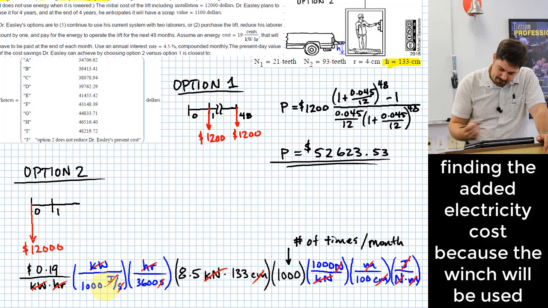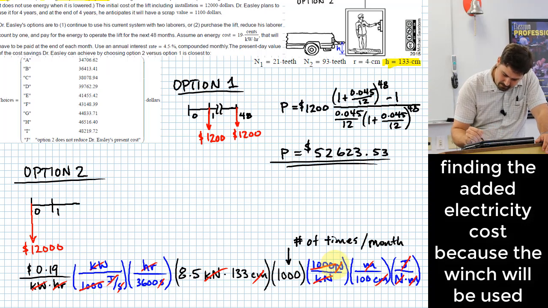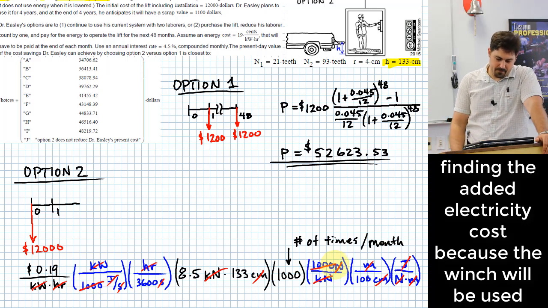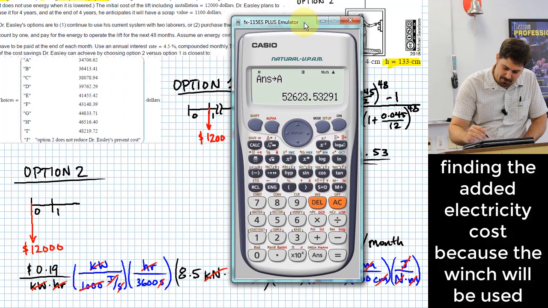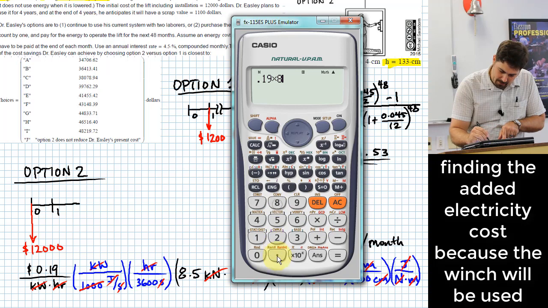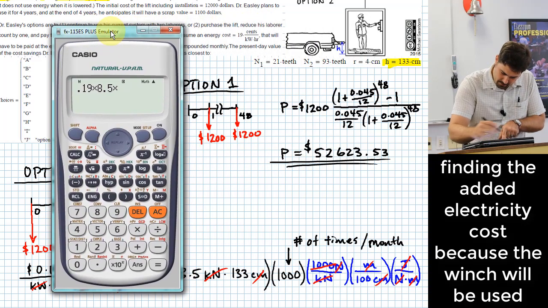Okay. So there's some other kind of cool stuff we can do here. I can cancel one of these thousands. Right? And get rid of that 1,000. One less thing I have to type in my calculator. All right, so let's go ahead and type some things in here. 0.19 times 8.5 times 1,000.